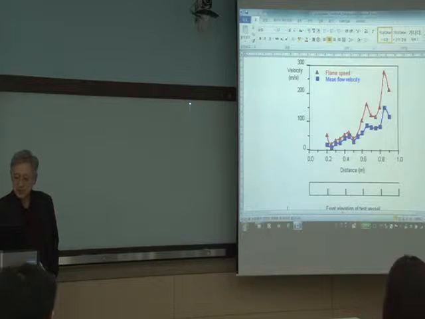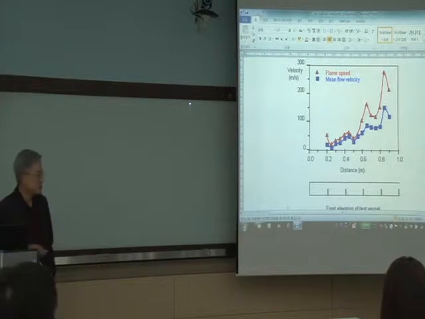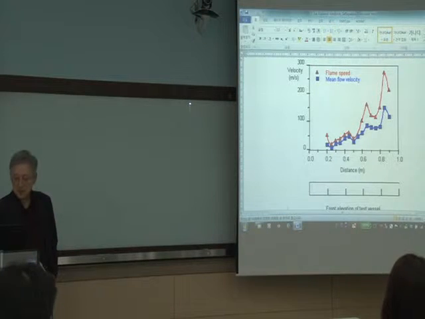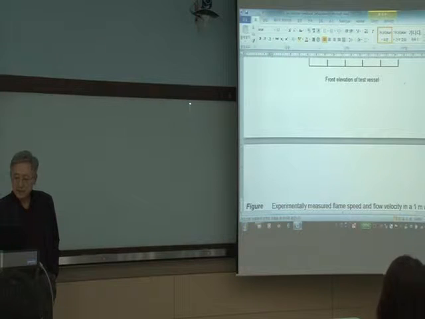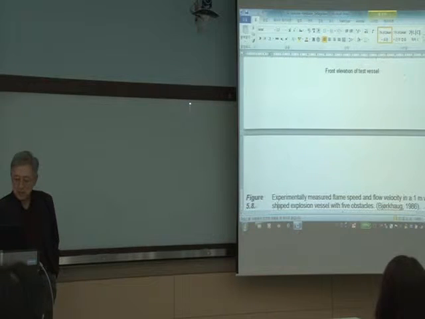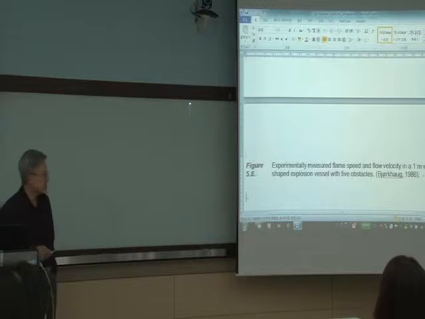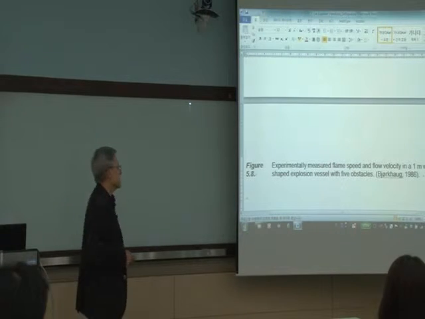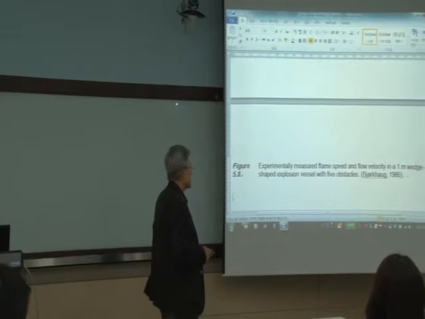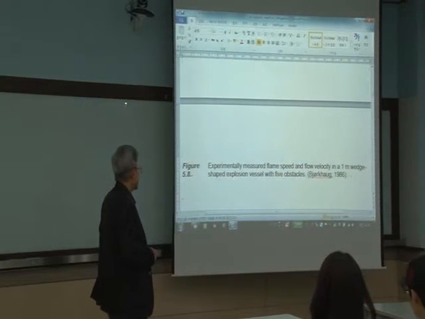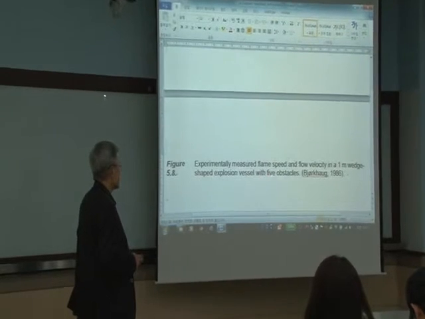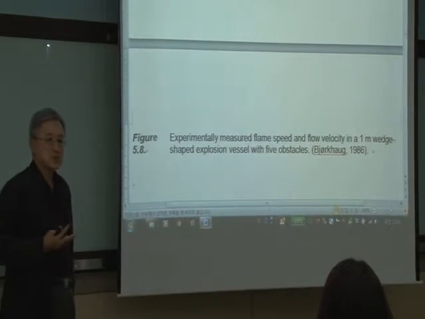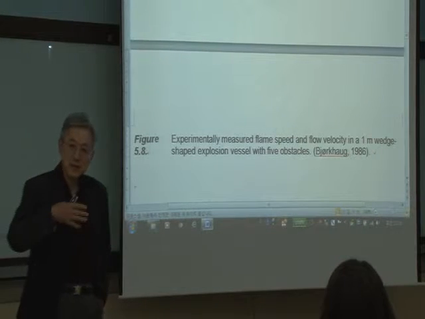Okay, and this is again the plate type obstacle, and if you look at this, this is experimentally measured the flame speed and the flow velocity in a 1 meter wedge-shaped explosion vessel with a 5 obstacle. 1 meter wedge-shaped explosion vessel, if you read, you already noticed.